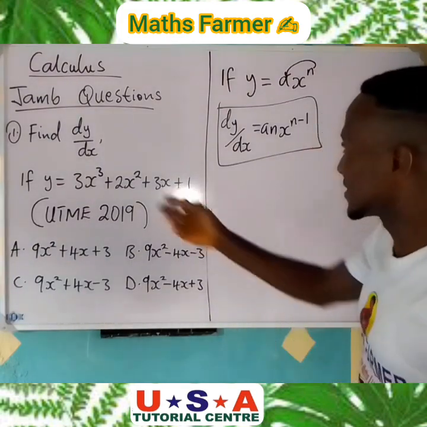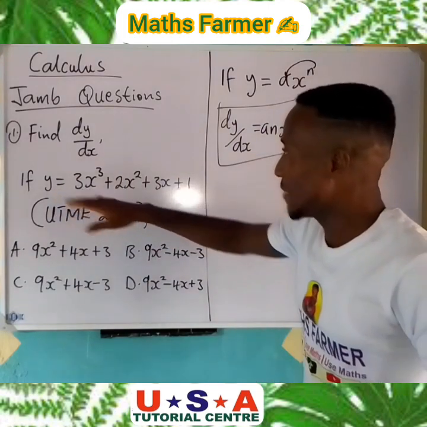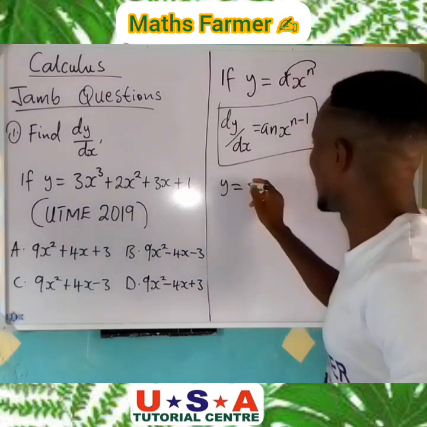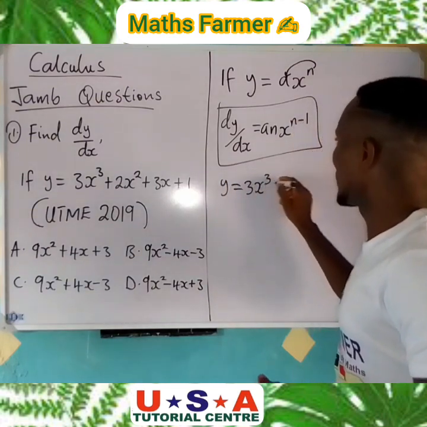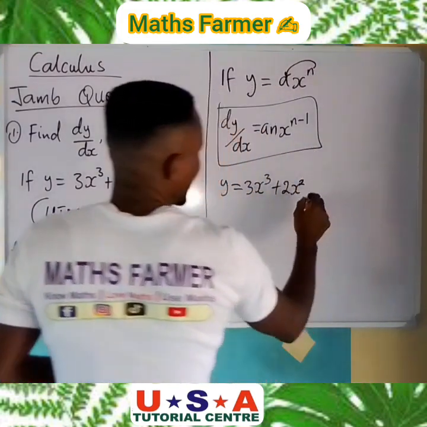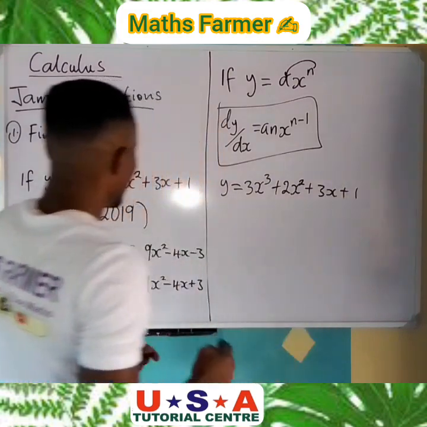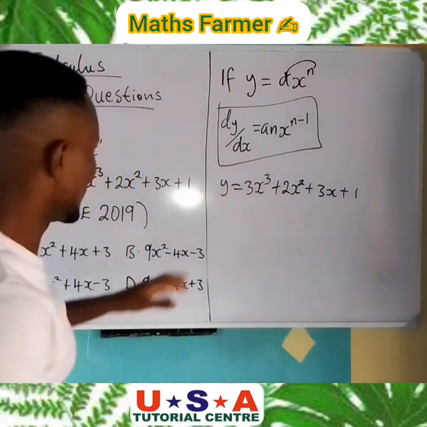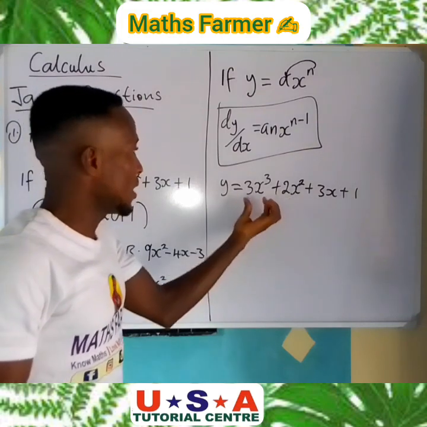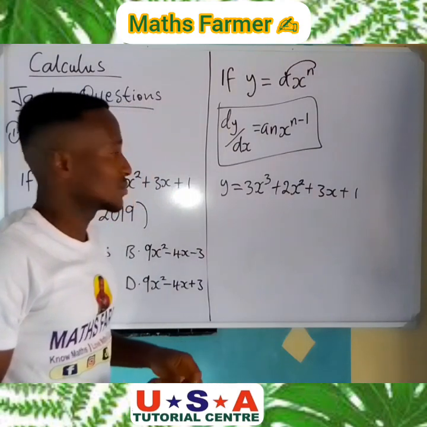So now, in this case, let's apply this here. We have y equals 3x^3 + 2x^2 + 3x + 1. Now, how many terms do we have here? We have 1, 2, 3, 4 terms.